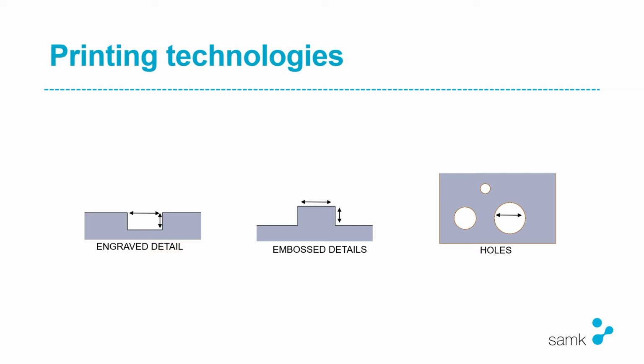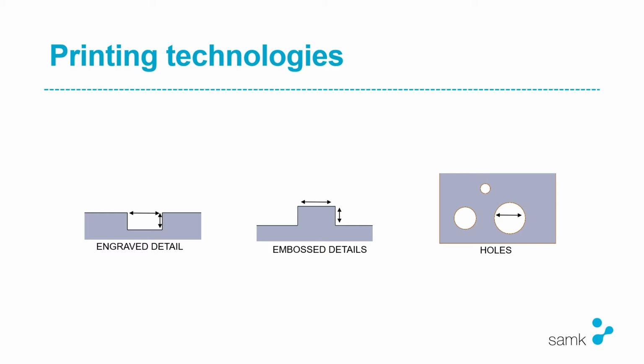If we talk about SLS printing and take for example PA11 material, nylon PA11, you can have a minimum of 0.4 millimeters of engraved detail, minimum of 0.4 in depth and in width. And embossed details can be, again, a minimum of 0.4 millimeters in height or width. The holes are again around that same area, so 0.5, 0.4 millimeters.